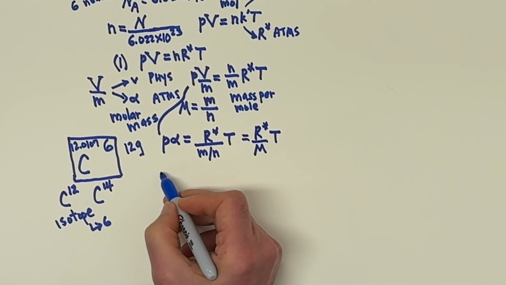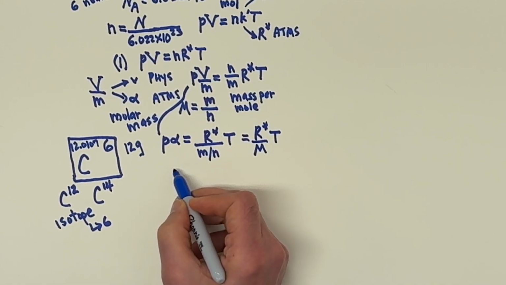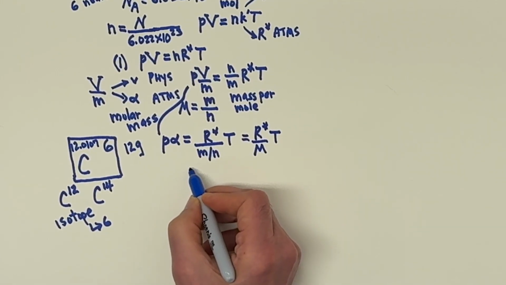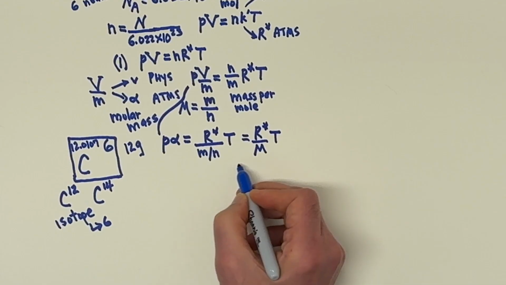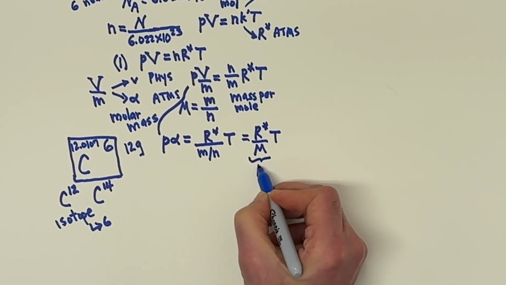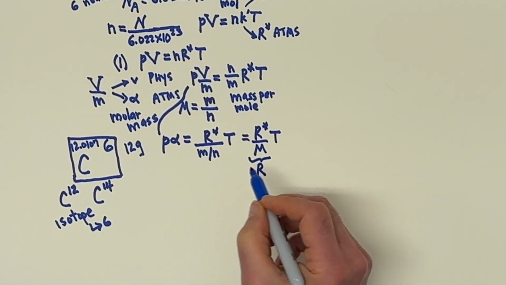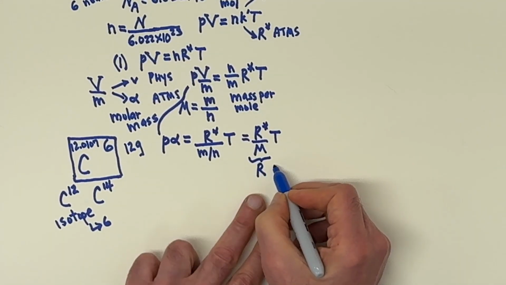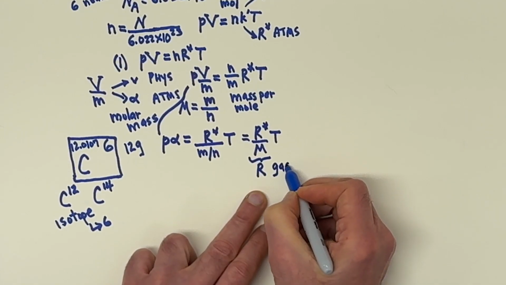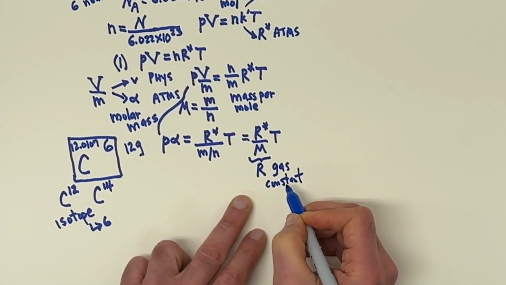So let's look at a couple more formulas here. If we look at this formula, we're going to do what the atmospheric scientist does. They consider this as the gas constant for that particular substance. So this is the gas constant, and it depends on what we're looking at.